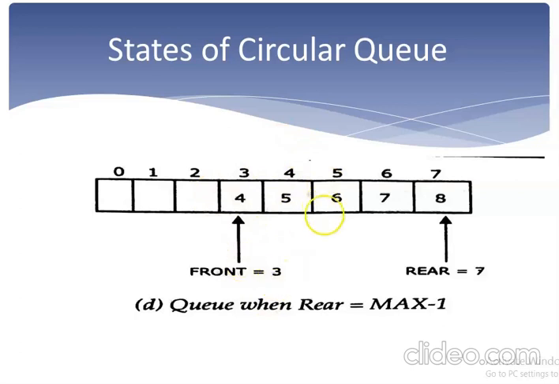Then we have added some more elements to the list so that the rear reaches the maximum limit, that is index 7, which is the maximum according to our consideration. So it cannot move further by adding 1 to this 7 because it crosses the upper limit of our definition. So this will be an invalid location, but we have spaces left towards the left side of the front pointer.